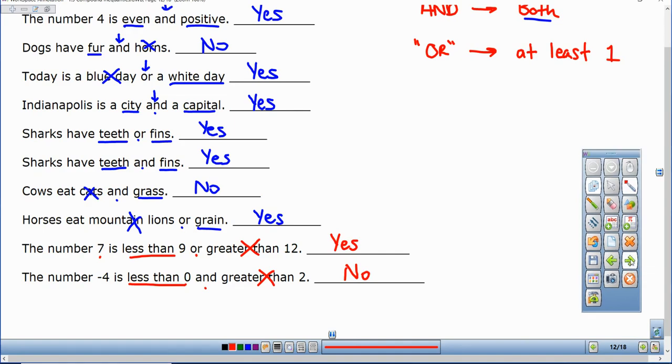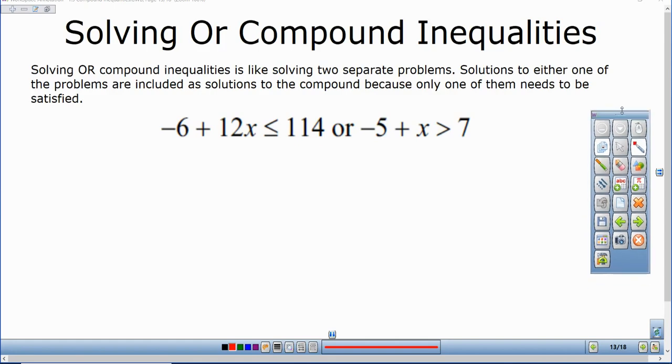Now we can look at some examples. This is an "or" compound inequality, and you can tell because, well, it says "or". All you're going to do is solve this separately. So take the -6 plus 12x less than or equal to 114, and we're going to solve.